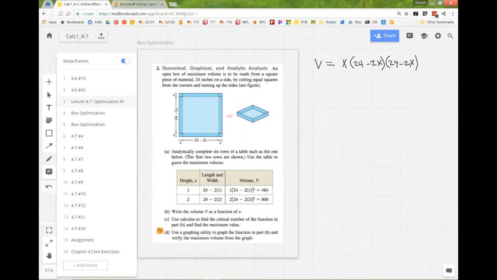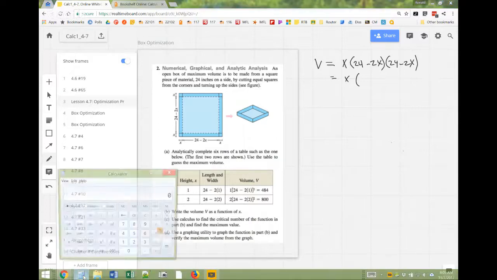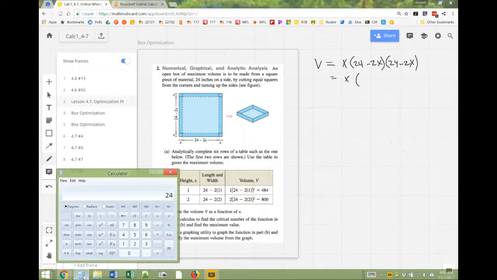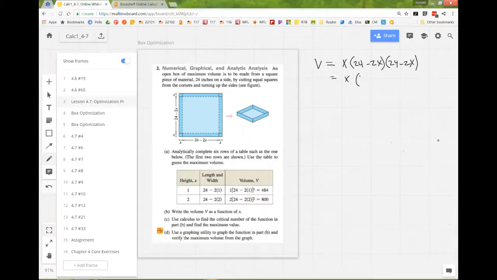So you've got your three-dimensional object, length times width times height. Okay, we probably need to do some multiplication here. So, x times, 24 times 24 is 576. Then 24 times negative 2x is negative 48x. And then negative 2x times 24 is negative 48x.